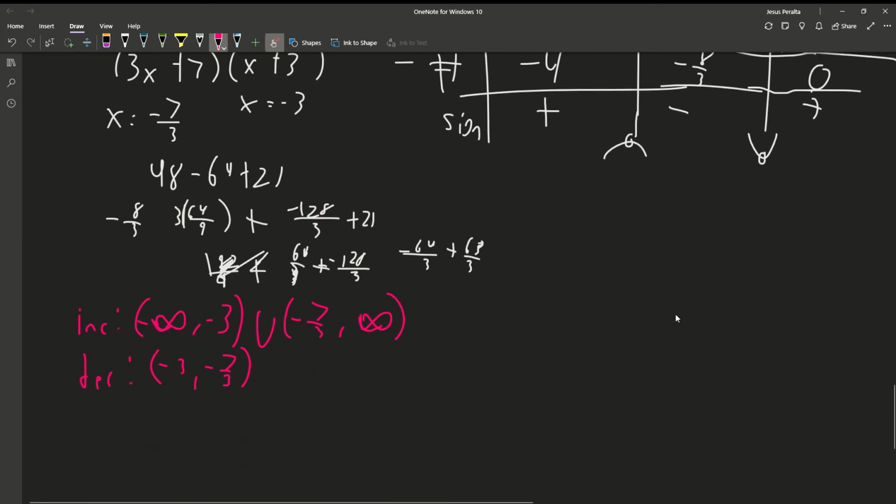Yes. Then our relative min is at x is equal to negative 7 over 3. And our relative max is at x is equal to, what was the answer we got? Negative 3. Yes, that's correct.